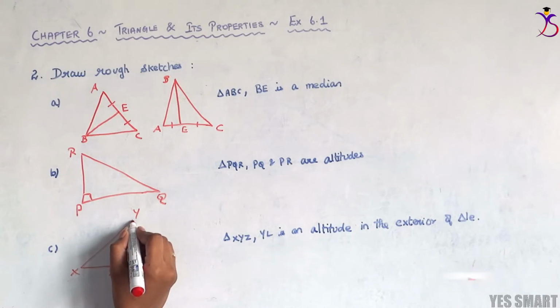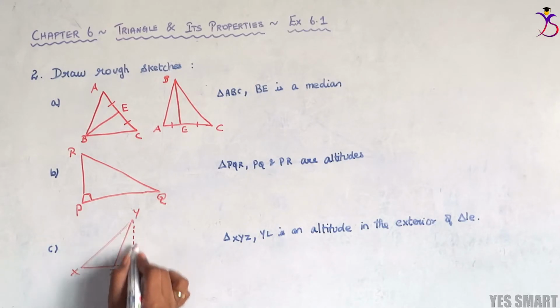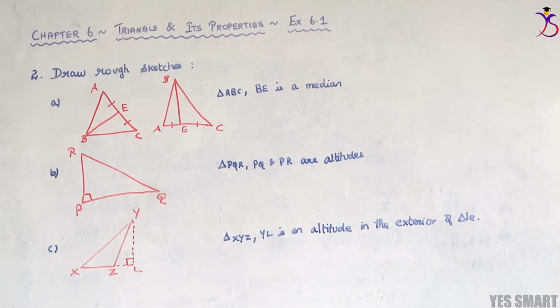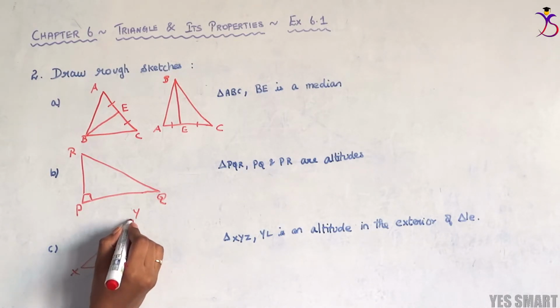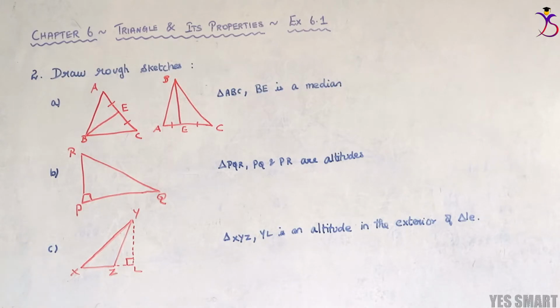So let's bring the altitude straight away from Y to the bottom L, and let's produce XZ to meet at L, because the altitude will always be erect, straight, or perpendicular. Hence the 90 degrees formed at angle L. Since the altitude is always straight, we have produced XZ to meet it at L. Hence this is the required diagram. Now let's move on to the last sum.